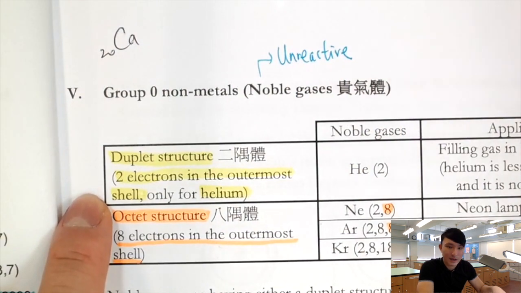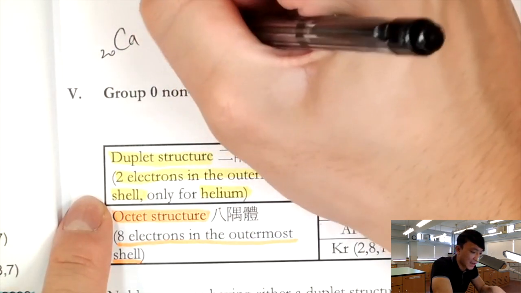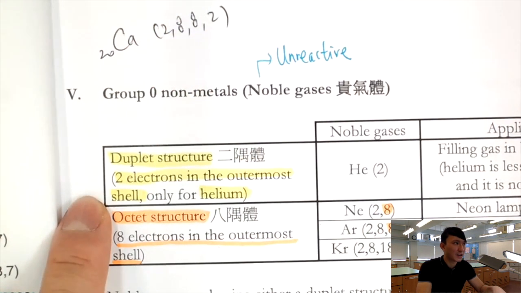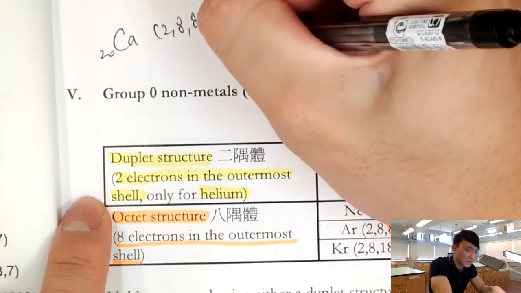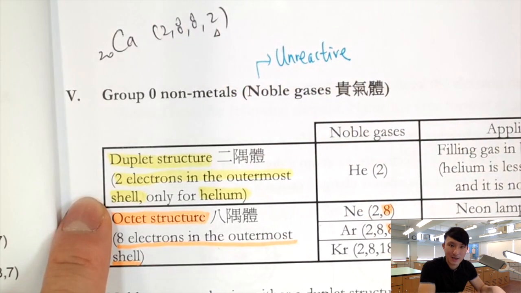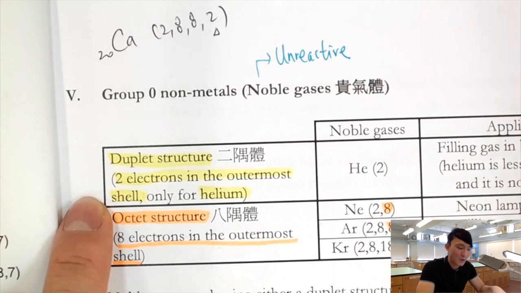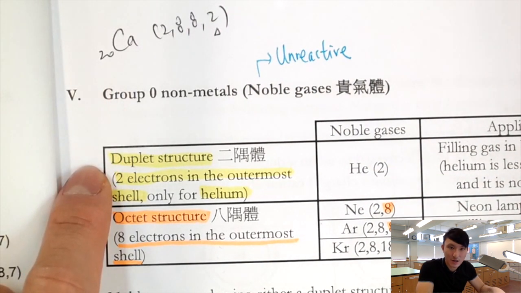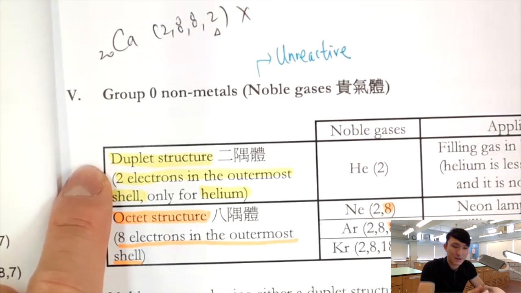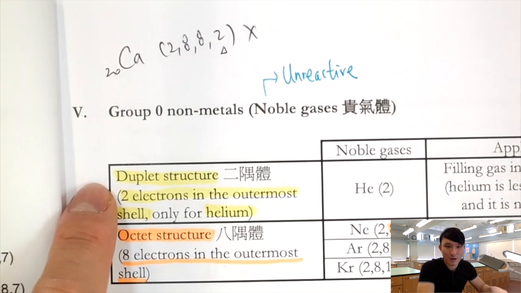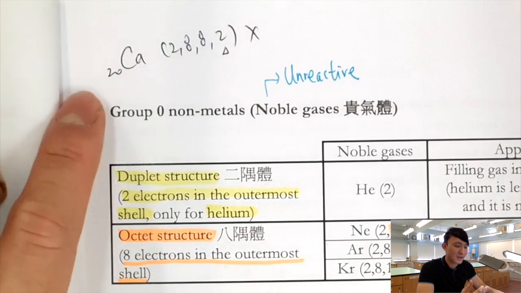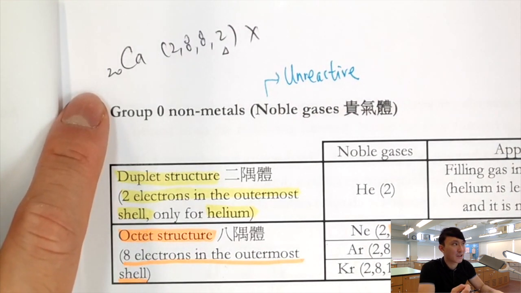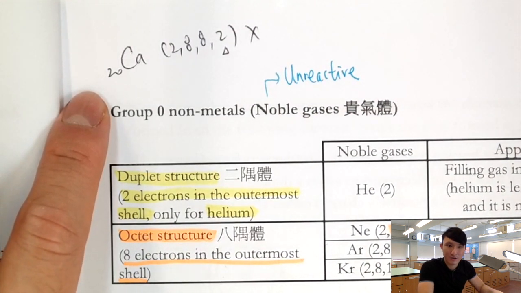So if you work out the electronic arrangement, it is 2,8,8,2, right? Now you notice it also has 2 electrons in the outermost shell. However, do you think that calcium has a doublet structure? Of course not, because calcium, as you can tell from the previous video, is very reactive, right? It reacts with water quite vigorously.